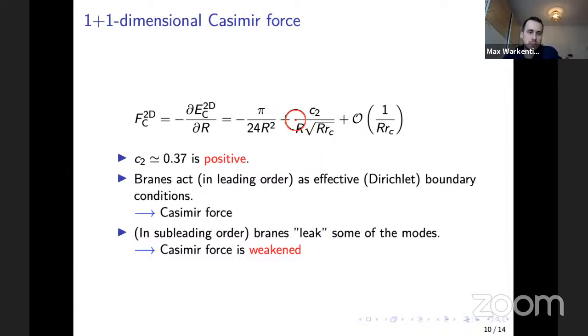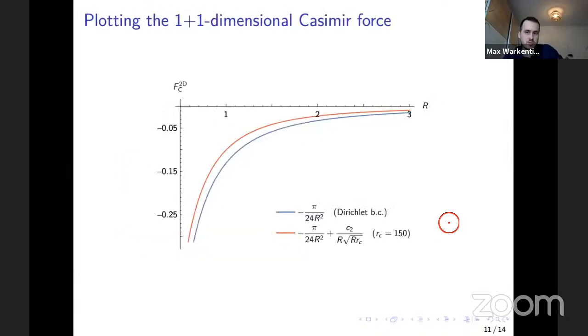Since this is a plus sign and C2 is positive, the Casimir force gets weaker than the usual one. So here is the plot. The blue curve is just what we would have for the Dirichlet case, and the red curve is the one which we get for the DGP situation.